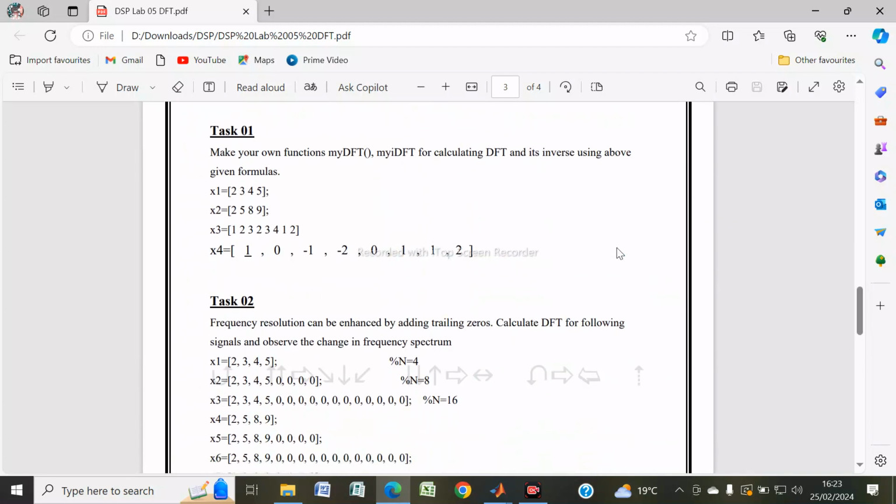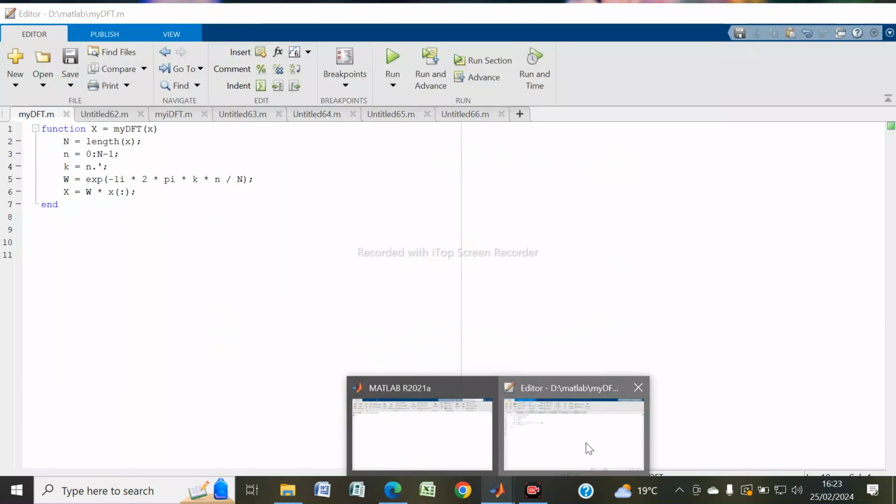So in the first task we have to make function of my DFT and my IDFT and calculate the DFT and inverse. So here we are given the four functions x1, x2, x3 and x4. Now we move to the code.